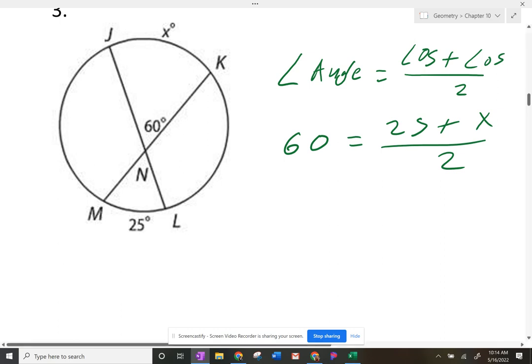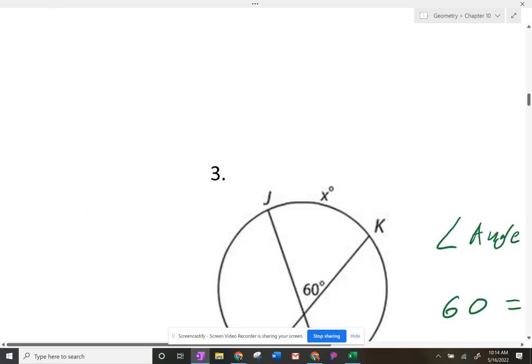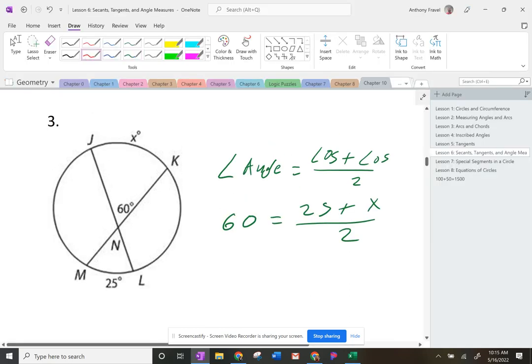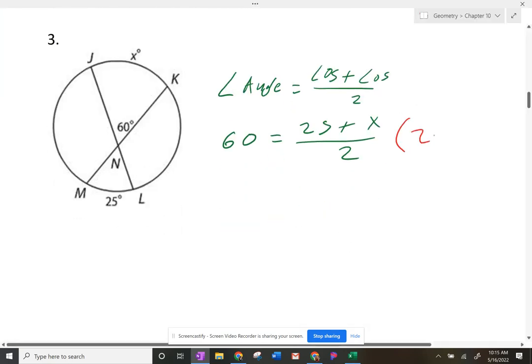We can solve this stuff. If I'm going to start working backwards, it first says divide by 2. So instead of dividing by 2, I'm going to multiply both sides by 2. So I get 120 equals 25 plus x. Now I get to subtract 25 from both sides.